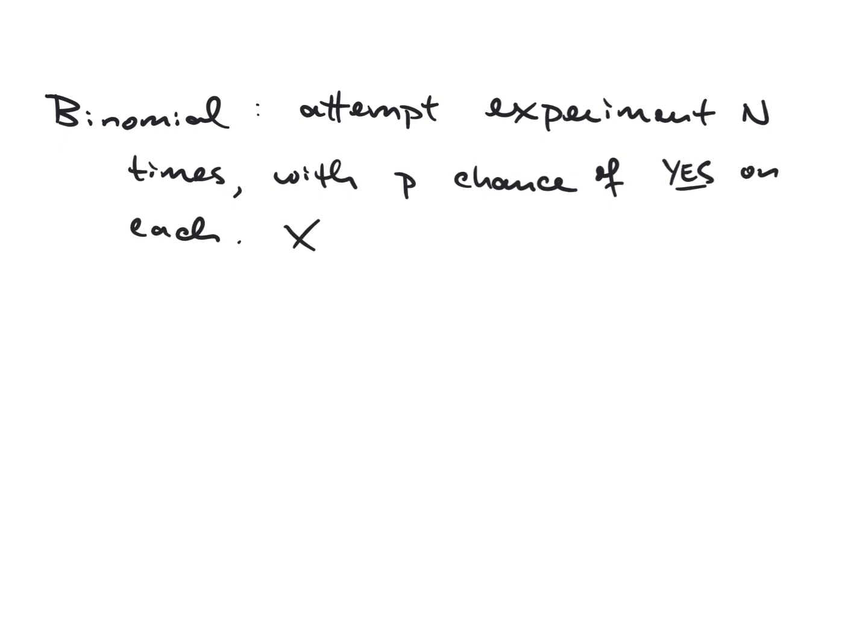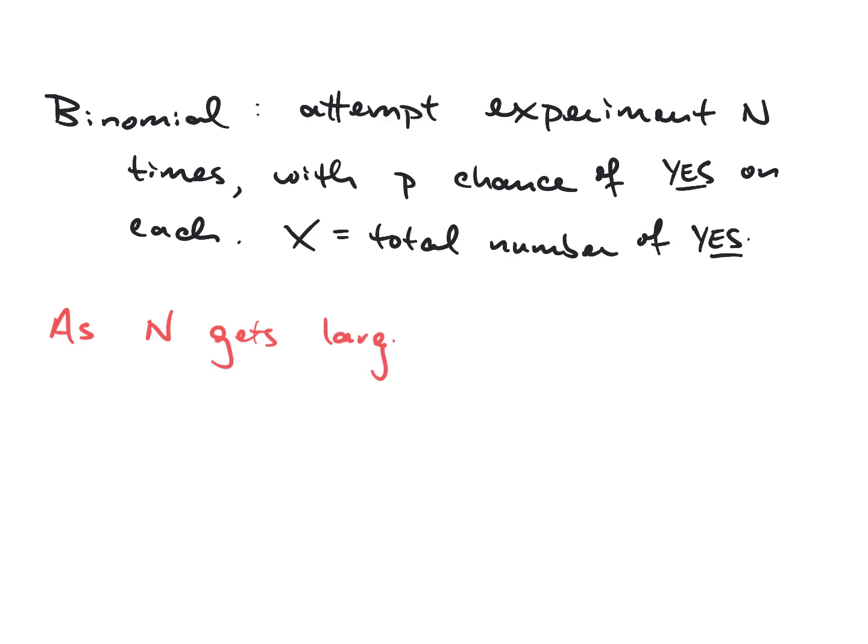X is the total number of yeses from these n experiments. So here's the deal. As n gets large, X is approximately normal.